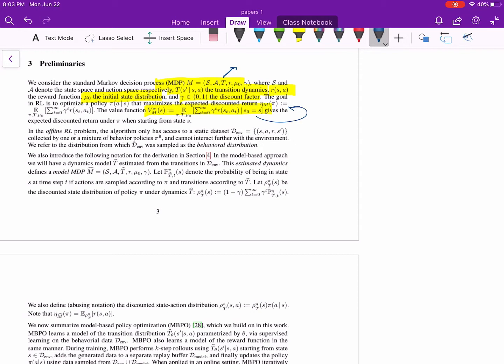In offline RL, the dataset D is generated by one or more behavioral policies pi b.